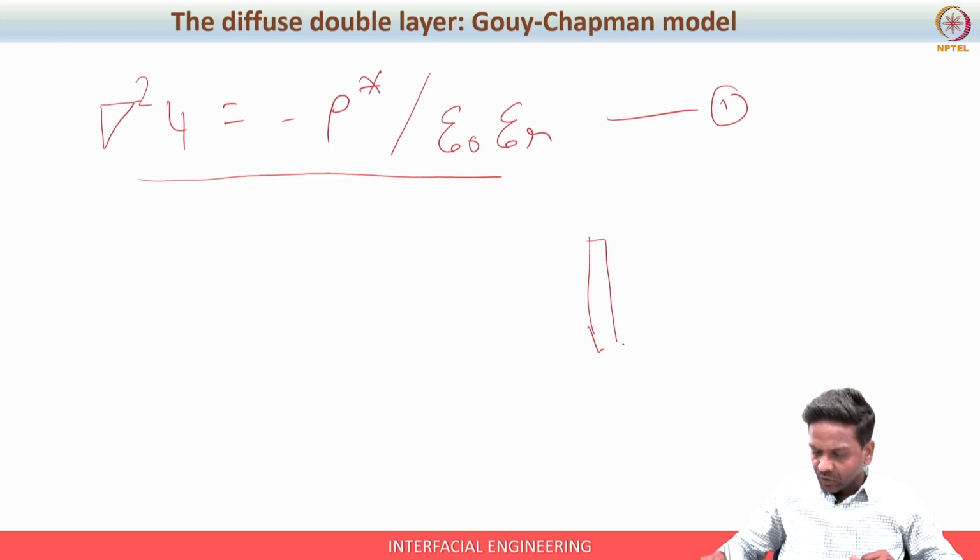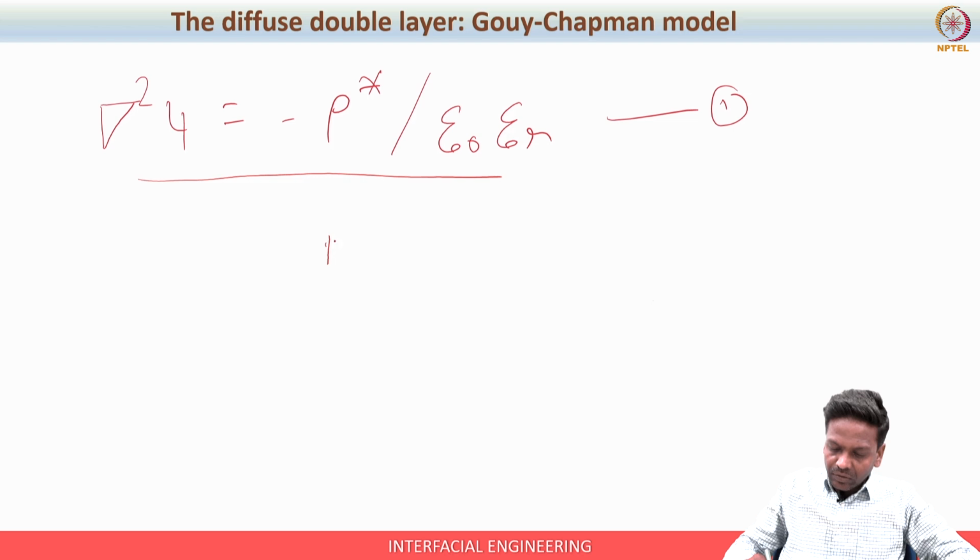What is the probability that any ion, a counter ion or a co-ion, will exist there? That needs to be specified using a function, so we are going to borrow the random distribution of ions as a function in a random fashion.